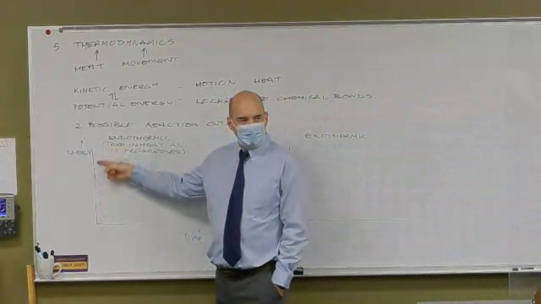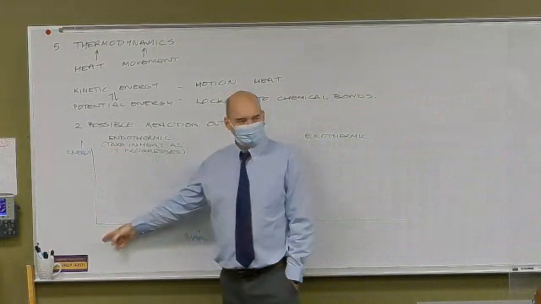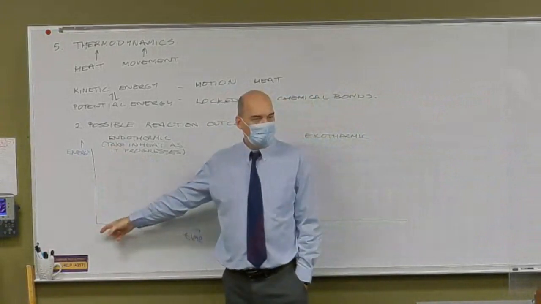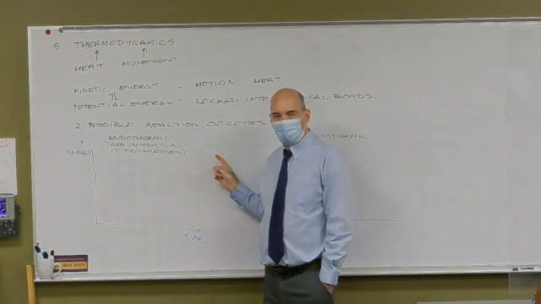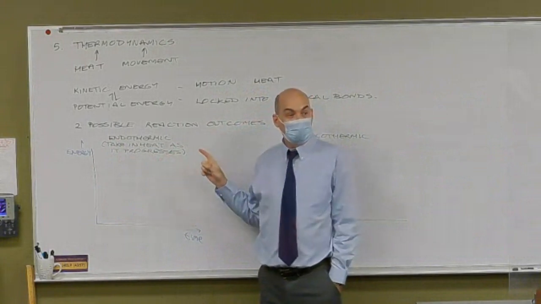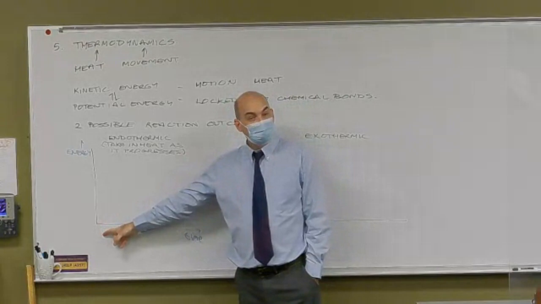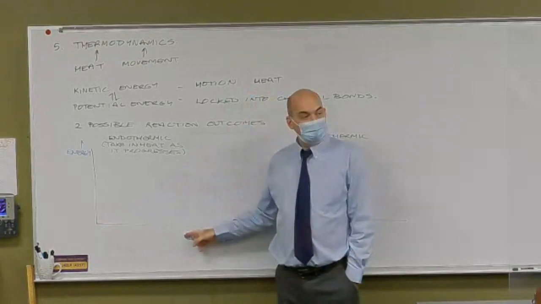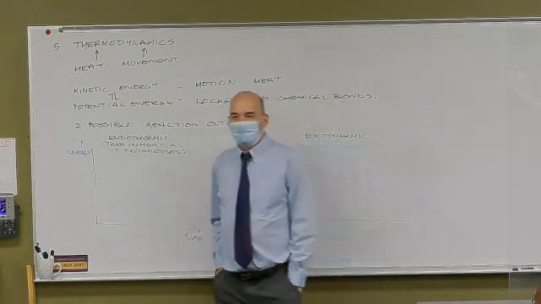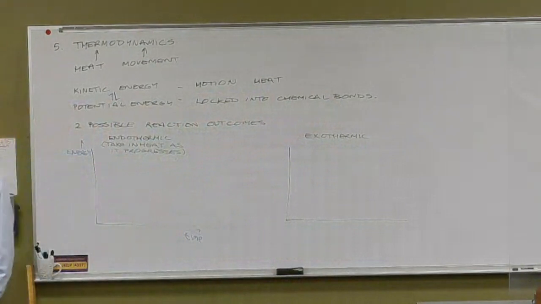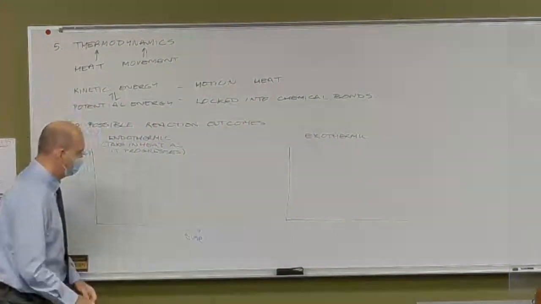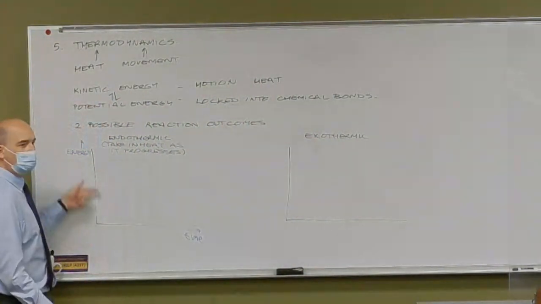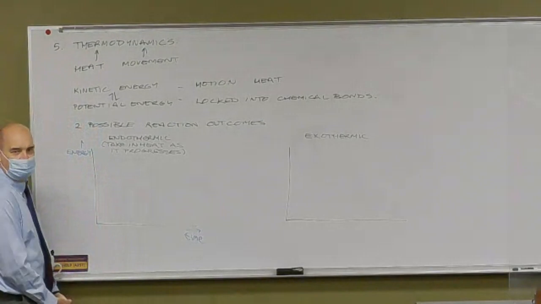This is our scale for energy, and this is our scale for time. I've got a reactant, then an arrow, then a product. So on the time scale, reactants are here, product is here, okay? If this reaction takes in heat as it progresses, where on this scale am I going to write my reactants?